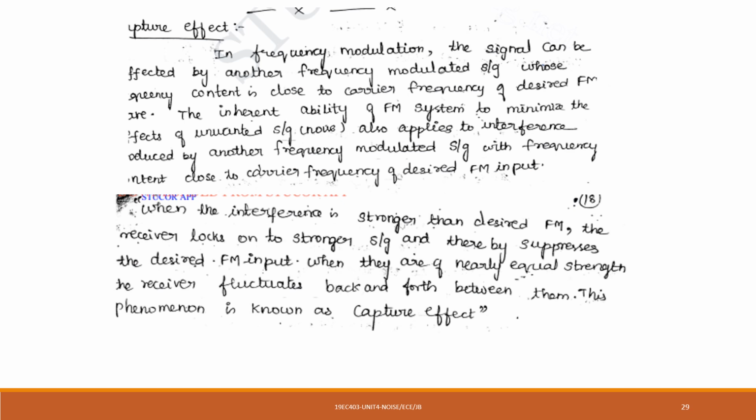When our FM input is of equal strength to that of the interfering signal, the FM receiver starts to fluctuate back and forth in order to decide upon the stronger channel, and this phenomenon results in the capture effect. This is defined as the inherent ability of any FM receiver system to minimize the effect of unwanted signal noise at the receiver.